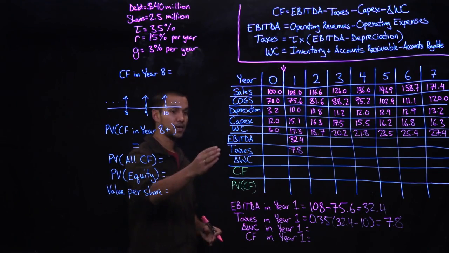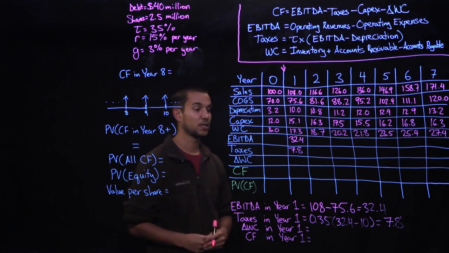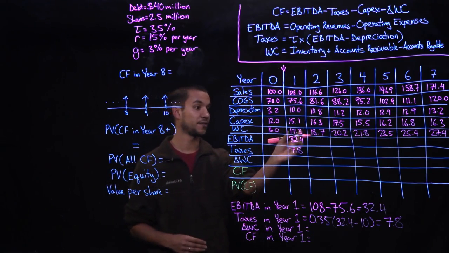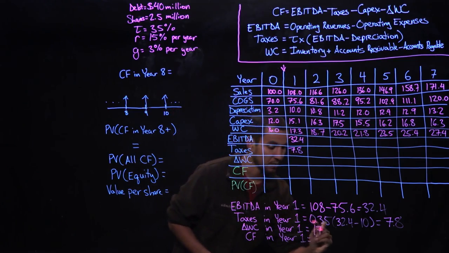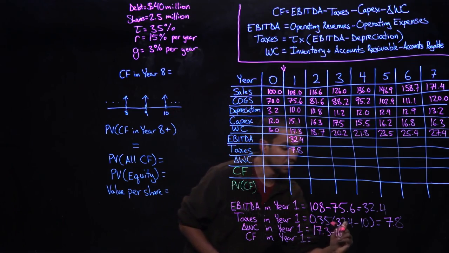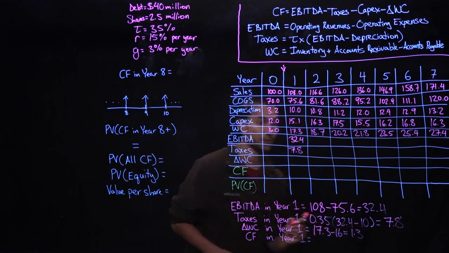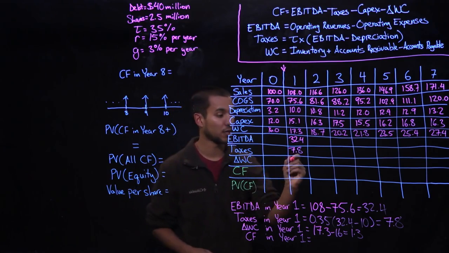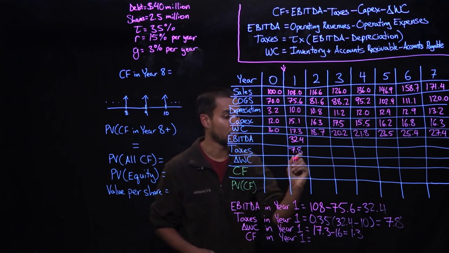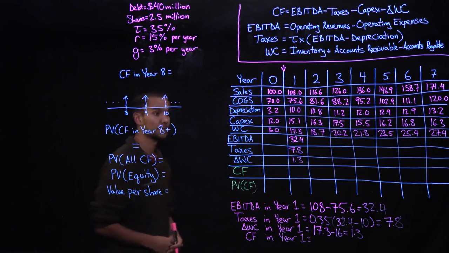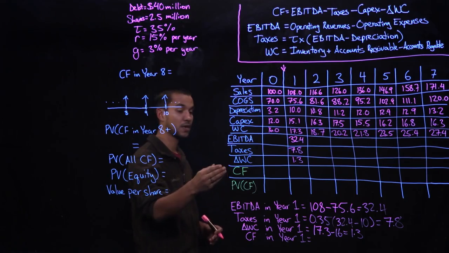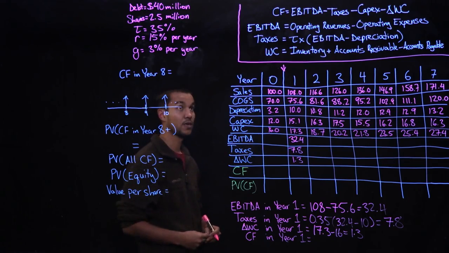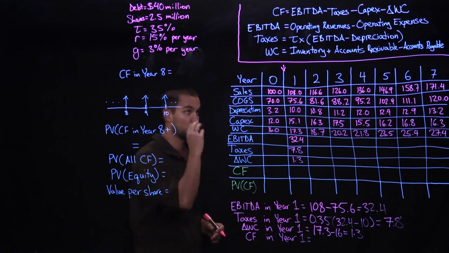And then finally, the change in working capital is found by subtracting 16 from 17.3. 17.3 minus 16 is equal to 1.3. So our change in working capital here is going to be $1.3 million. Now we have all the information we need to estimate our cash flow in year one. We're going to use our cash flow equation.